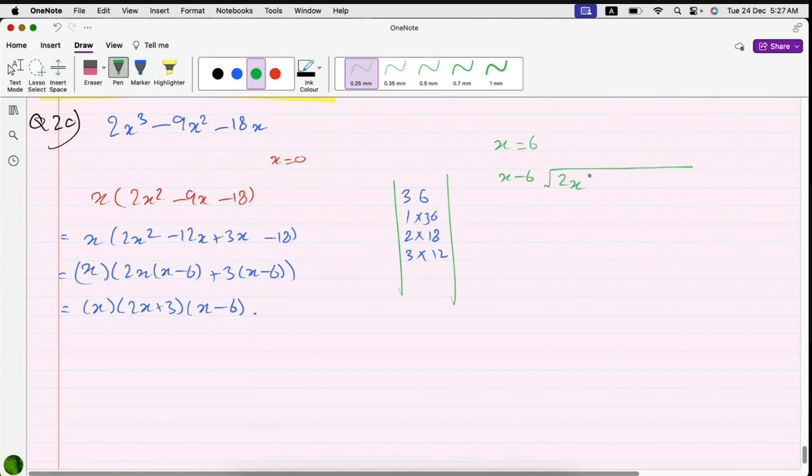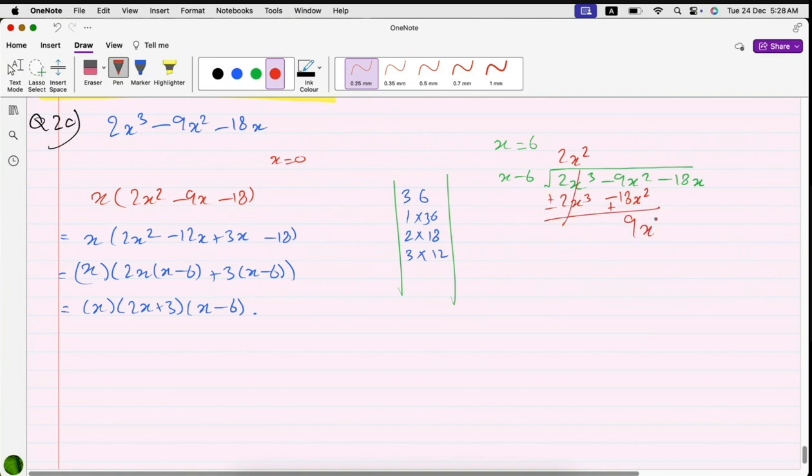And this was 2x cube minus 9x square minus 18x. So 2x square first. X into 2x square is 2x cube. 6 2 times is 18. X square, this is positive, this is negative, goes away.